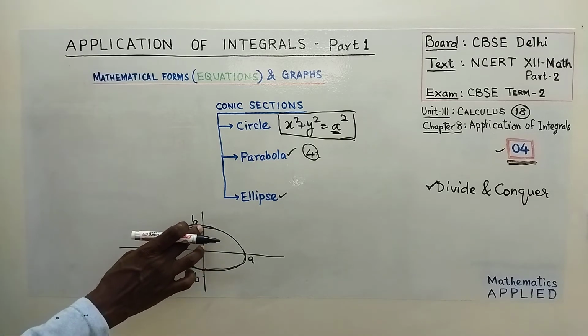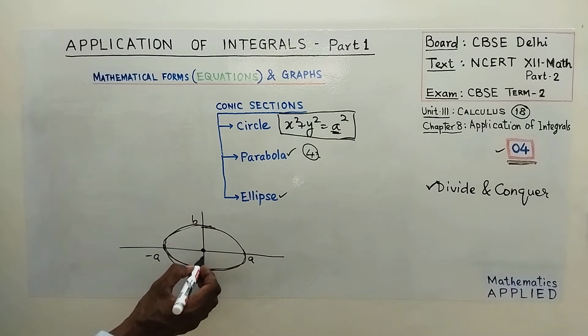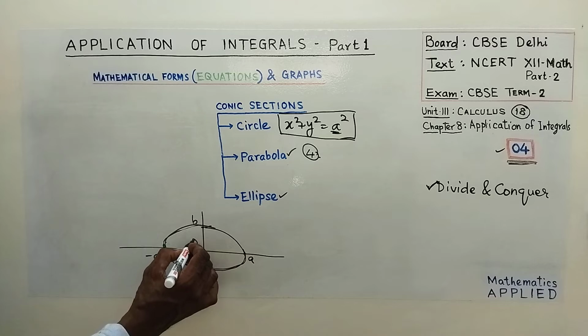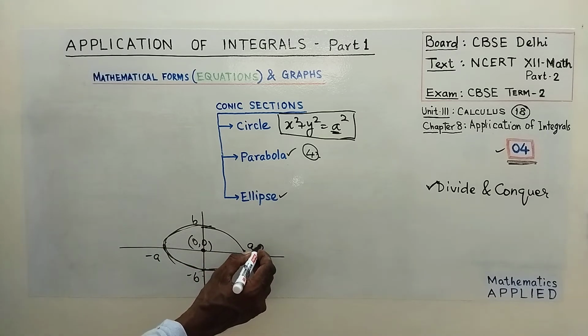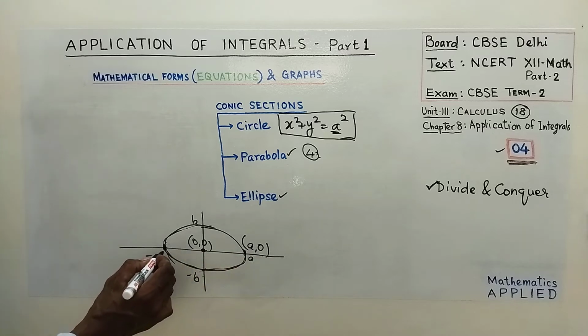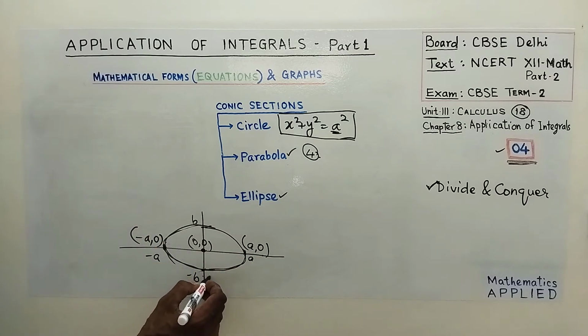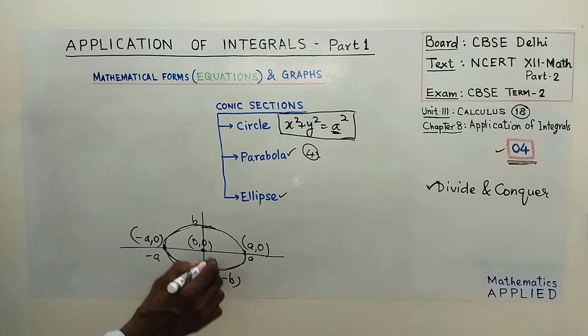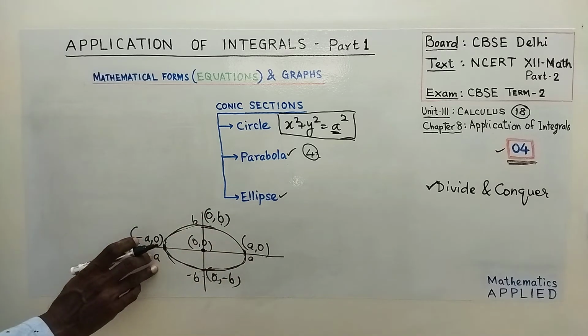What is the standard equation for the ellipse? We must understand that this is the center of the ellipse, and these are the vertices: a comma 0, and minus a comma 0, and 0 comma minus b, and 0 comma b, because these are on the y-axis, isn't it?